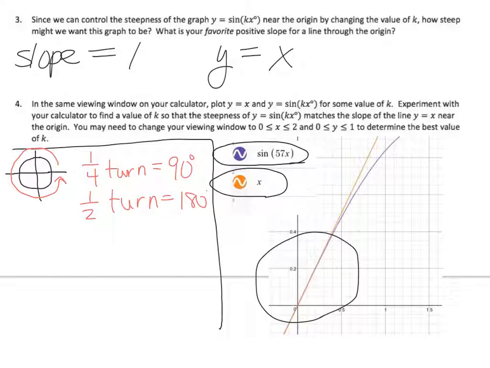But we really don't talk about turns. We talk about degrees, which is why everything we talked about with a turn, I turned into a degree, because we all know what a degree is. We divided a circle into 360 arcs of equal measurement.